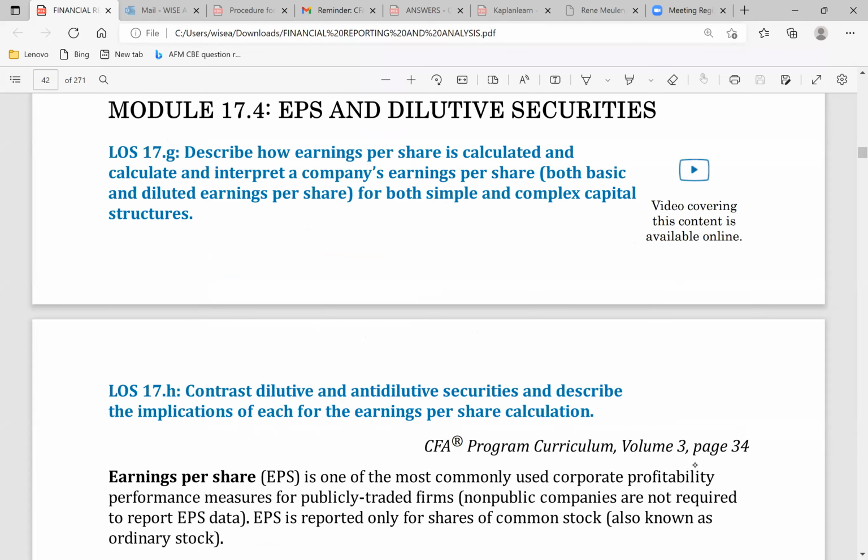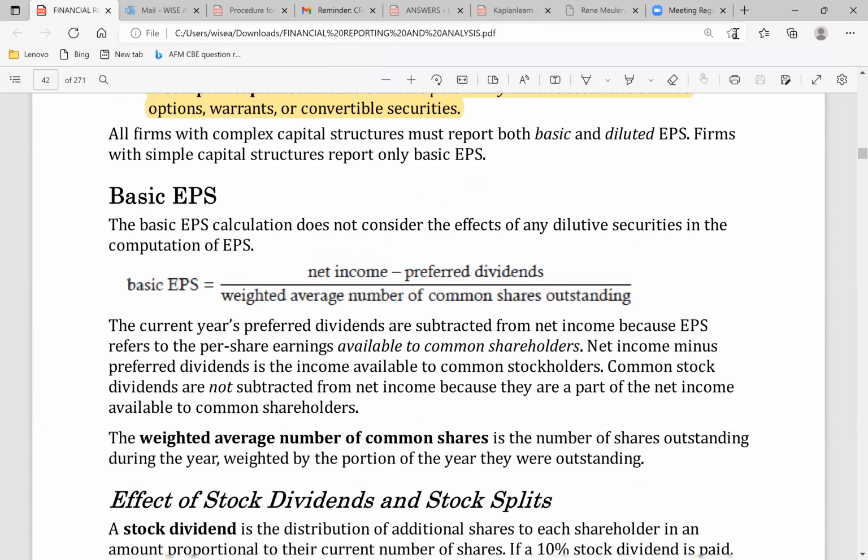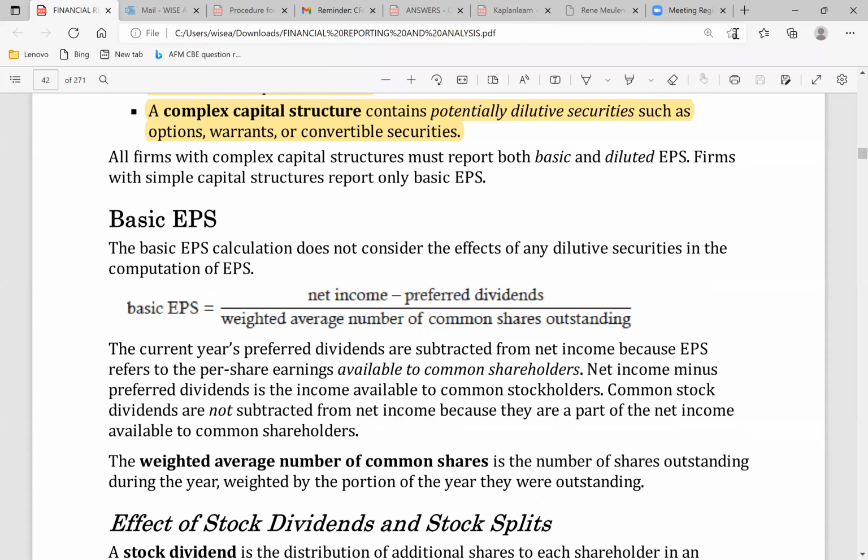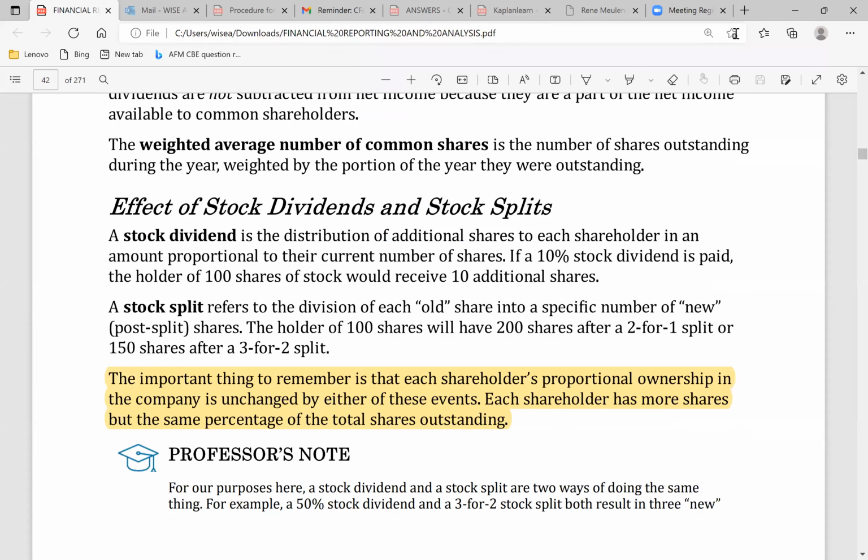Okay. So as I was saying, the basic earnings per share will be the net income less the preferred dividend. And this is where you have to pay attention to the effect of stock dividends and stock splits on the way the earnings per share is computed.